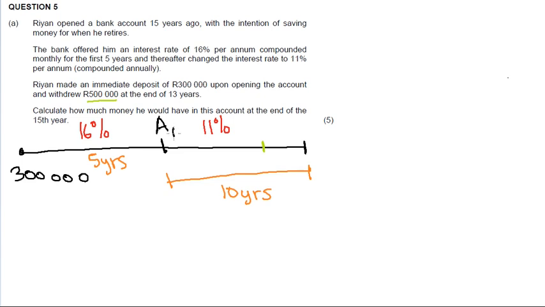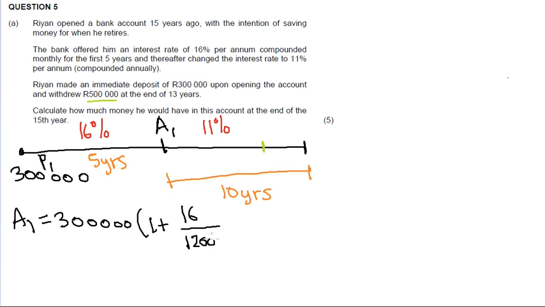I'm going to call it A1. And I'm going to call the initial investment P1. So we use our compound interest formula, which is A1 is equal to P1, which is 300,000, into 1 plus the interest rate. The interest rate is 16% per annum, but it's compounded monthly, so we divide that by 1200.